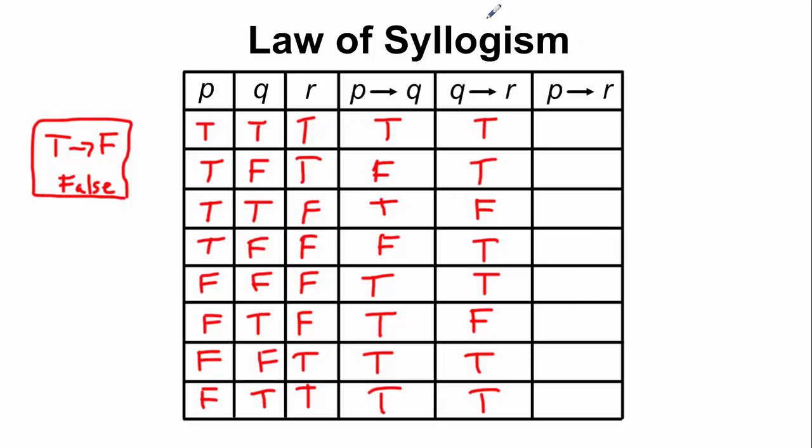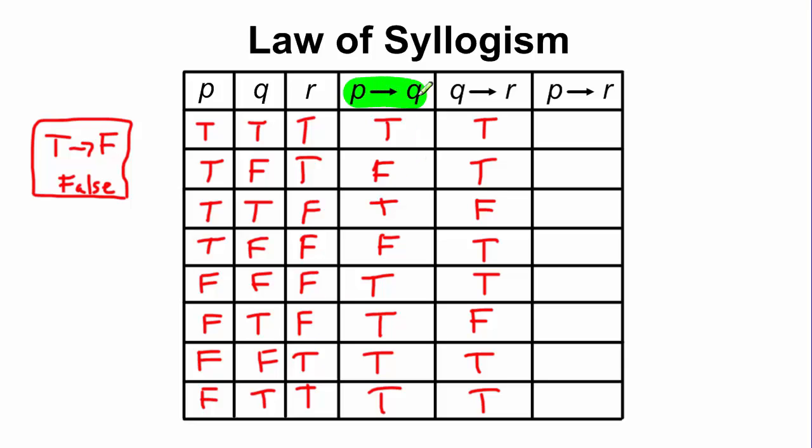And now, here's what the law of syllogism is letting us know. It's saying that if you have a conditional, such as this one, I'll highlight this in green.